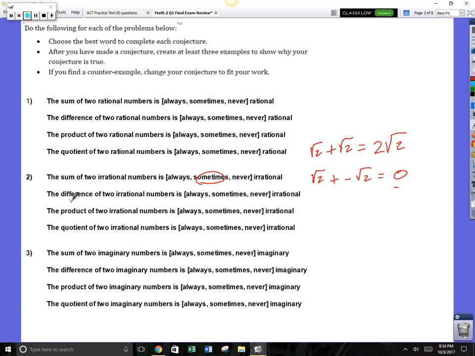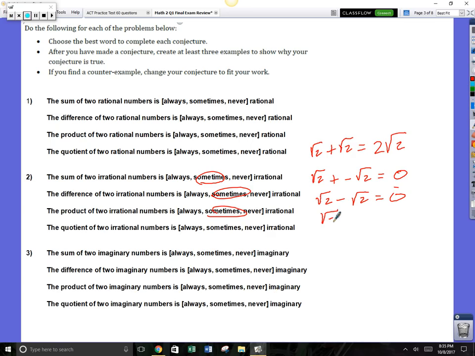Getting the difference, the same thing. I could go square root 2 subtract square root 2. This one above is add, this one is subtract, same thing. So it is also a sometimes. The product of two irrationals, sometimes.